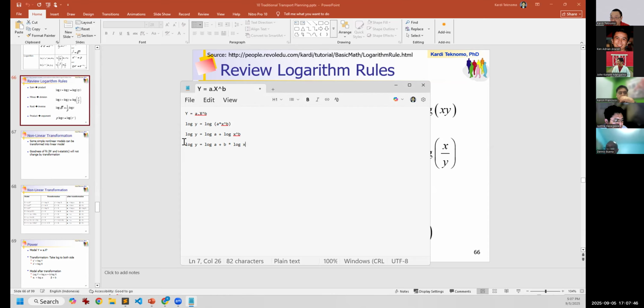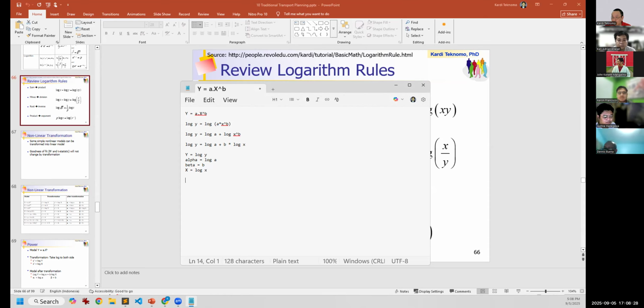If you look at this, we can substitute log x with new variables. Let's call capital Y equal to log Y. Say alpha is equal to log A, beta is equal to B, and capital X is equal to log small x.